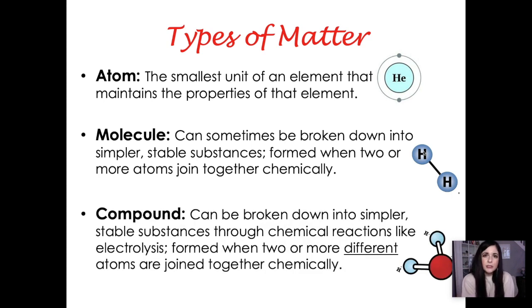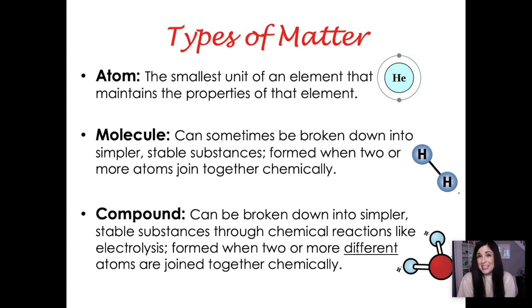Compounds are similar to molecules, except a compound is a very specific type of molecule. So compounds have to be when 2 or more different atoms join. So that's the key difference between molecules and compounds.